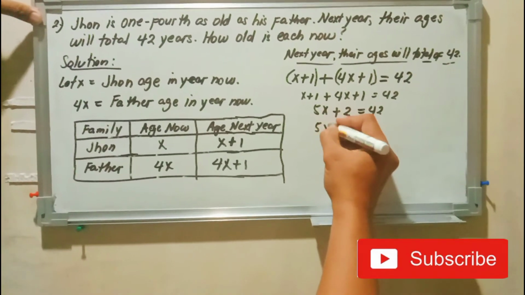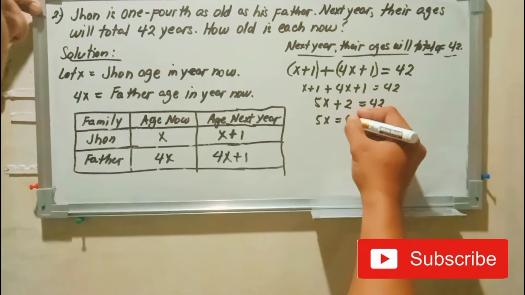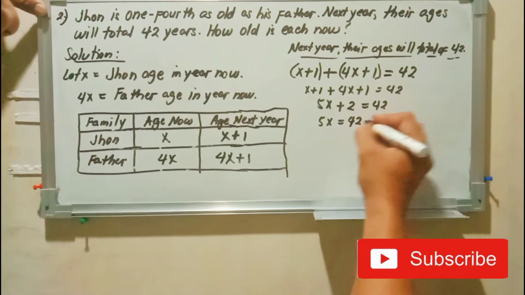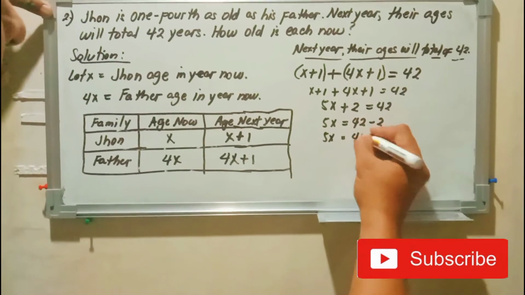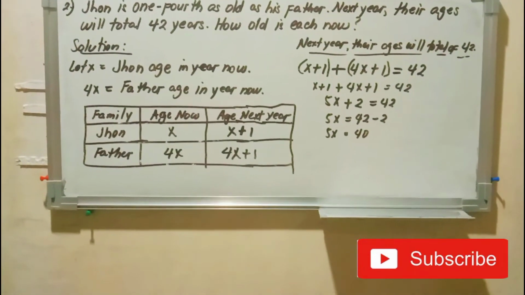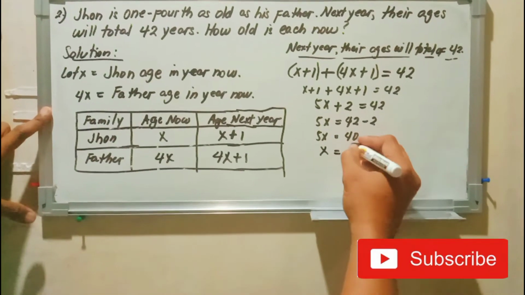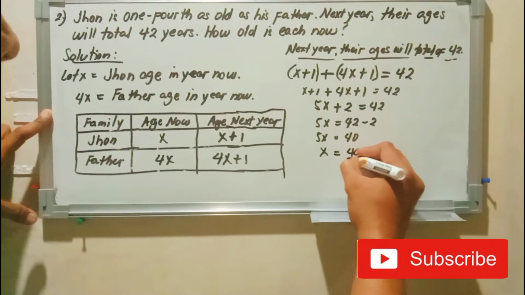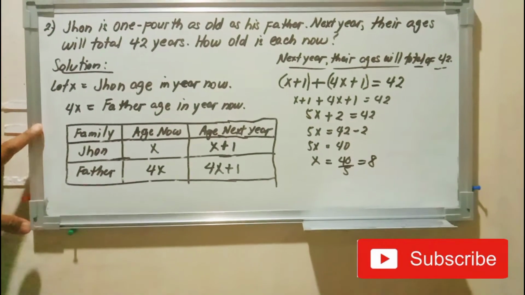So 5x, transfer the 2 to the right side, 42 minus 2 is 40. So x will be 40 divided by 5, which is equal to 8.